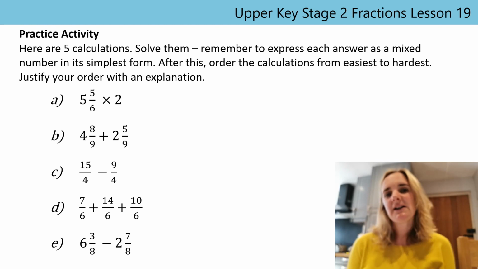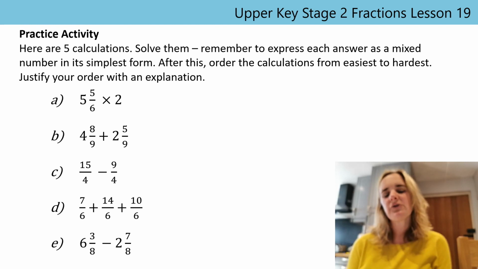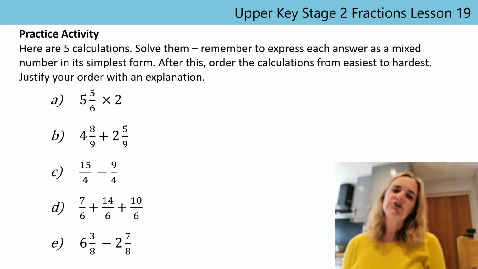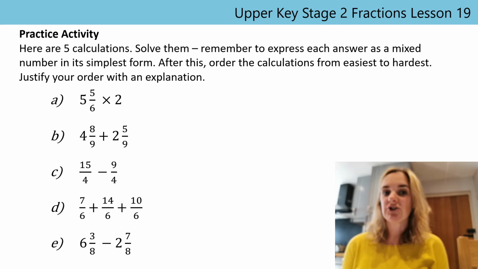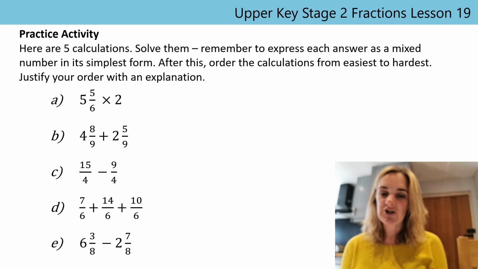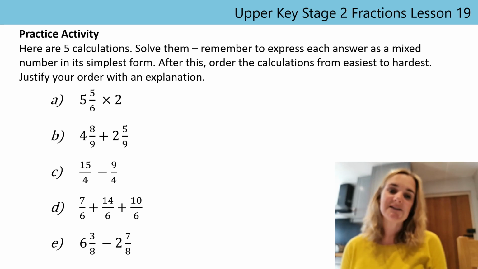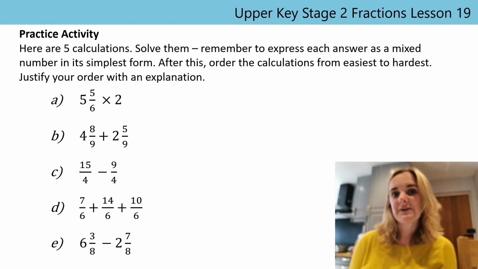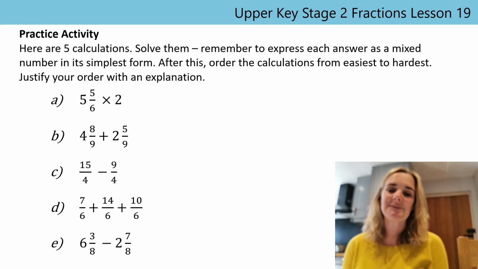After this, I'd like you to put the calculations in order from the ones you thought were easiest to the ones you found the hardest. And then I want you to justify your order with an explanation. This could be a written explanation, or you could explain it to somebody else in your house, or perhaps you're able to talk to some friends, perhaps it might be something you discuss with some classmates who might be accessing this as well.